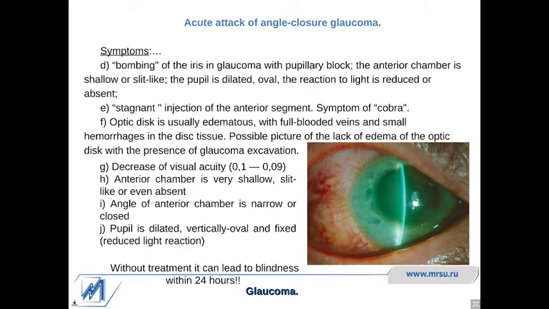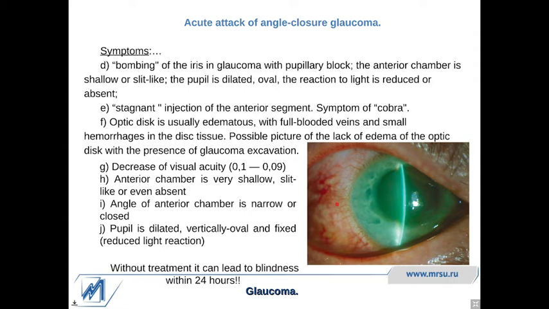Also, we can see the bombing of the iris in glaucoma with pupillary block. We spoke about it. The anterior chamber is shallow or slit-like. The pupil is dilated, oval. The reaction to light is reduced or absent. Stagnant injection of the anterior segment also. Symptom of cobra, we see here.